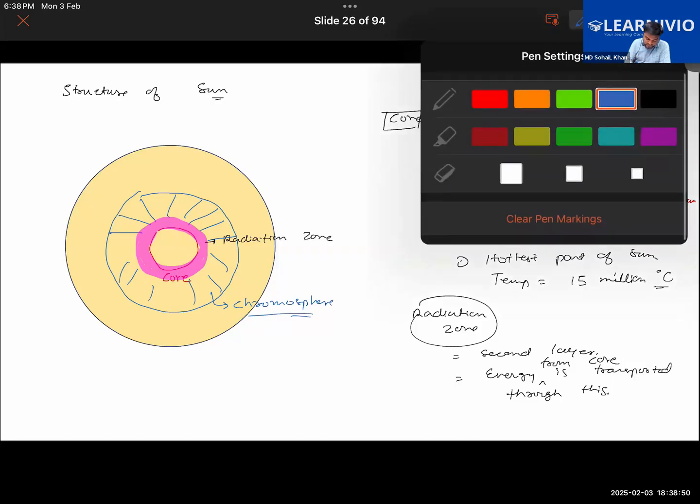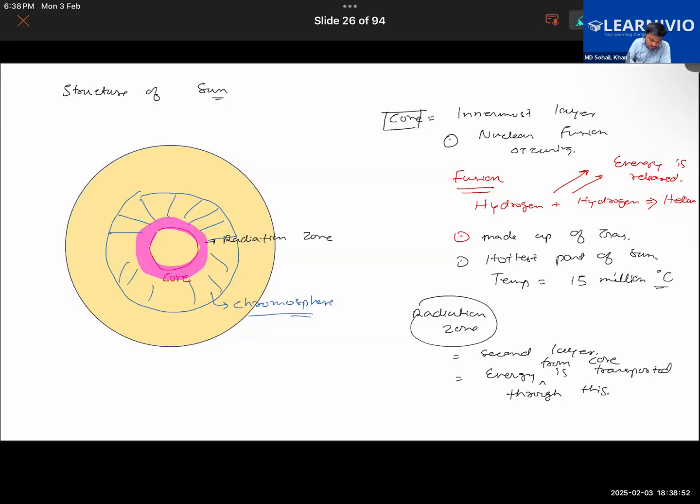Even before the chromosphere, we have one more layer. Even before this, you have the convection zone. Hold on. So after this, you have this layer that we are calling the convection zone. So that's the first, that's the second zone, and the third zone here is the convection zone.